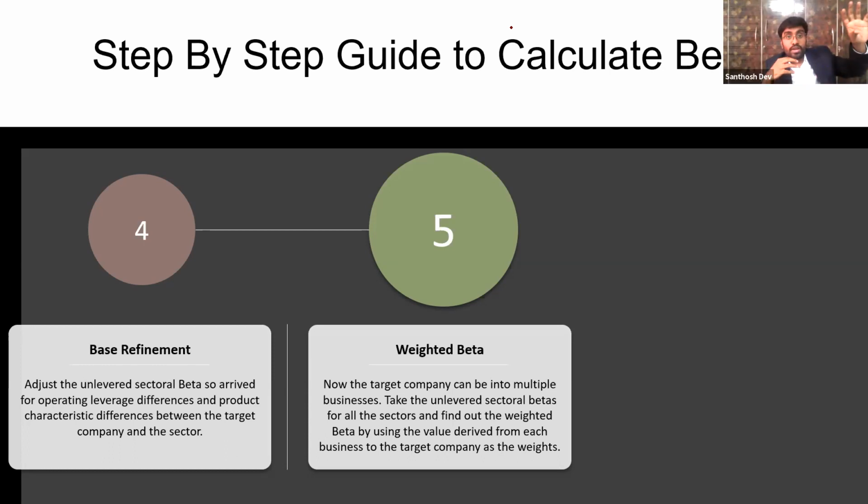But you'll have to take profit as a percentage of revenue. So if there is 100 rupees and 50 rupees of revenue coming in, but the 100 rupees is contributing only 1 rupee of profit, while the 50 rupees is able to contribute 5 rupees of profit.